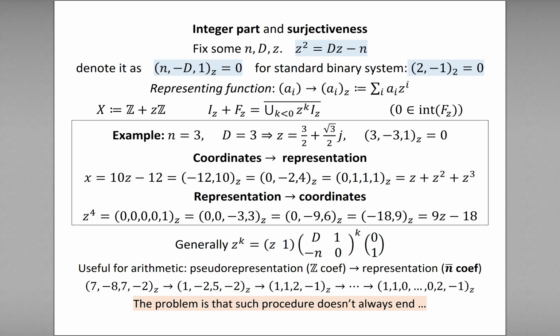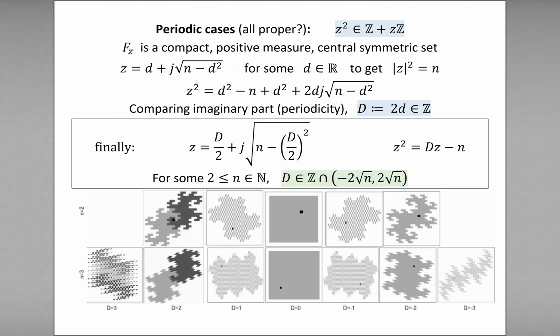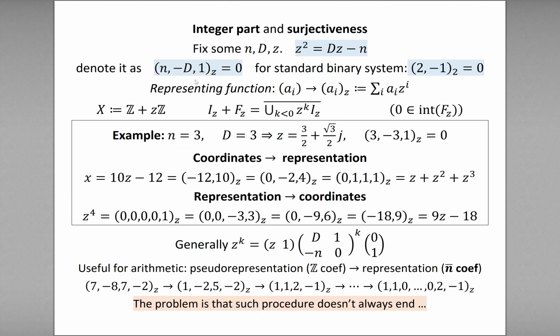Okay, to practically work on such fractals, such representations, in the papers I have used this kind of notation, where we have this bracket and there is z, so it should be interpreted as 1 minus d times z plus n times z square and so on. So we read kind of from the right to the left. No, it should be the opposite, but it was chosen this way.